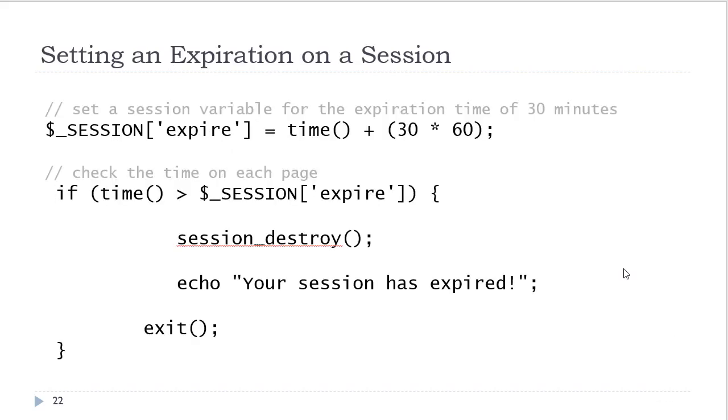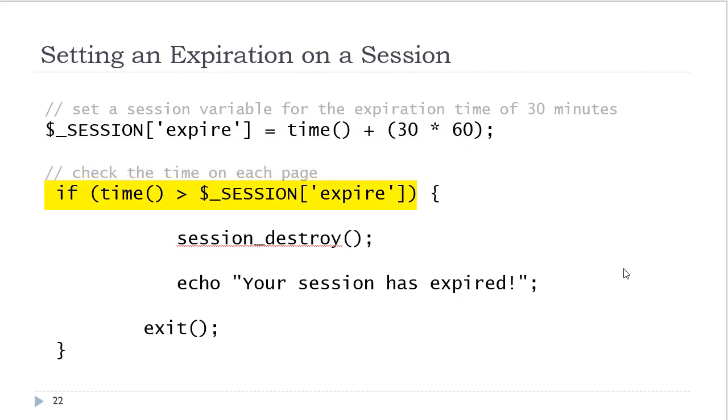If you wanted to set an expiration on a session, you would need to use your own logical PHP code. Here is one approach that I have used. Here I am creating a session variable called expire, and I am setting it to a time of 30 minutes in the future.